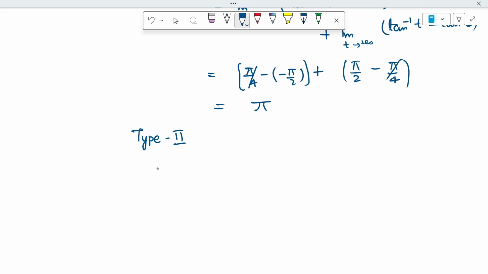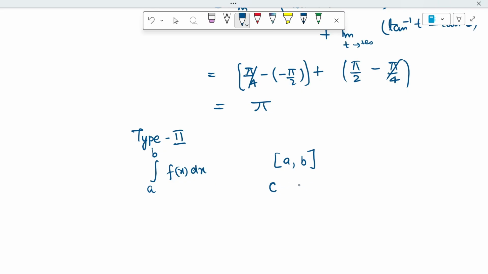the limit, basically suppose we have a limit a to b, f(x) dx, but in between a and b there is a point c, suppose, and at this c this function is not defined.